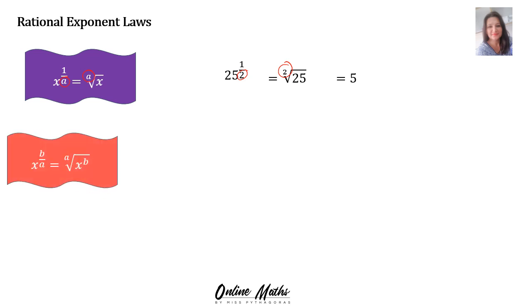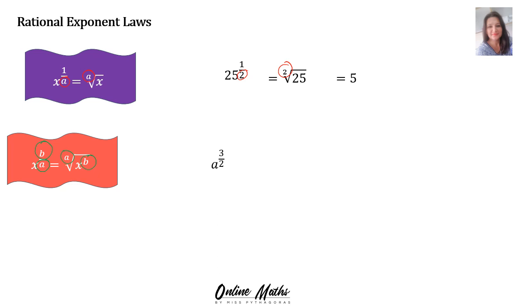Then we take it one step further. So now I give you x to the b over a is equal to, and then what you say is you write a root, the x is under the root, and then the denominator, the a, becomes the type of root, and then the numerator, the b on top, becomes the exponent of the base.